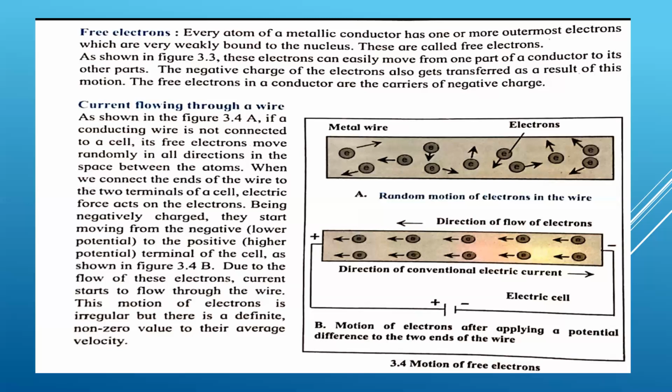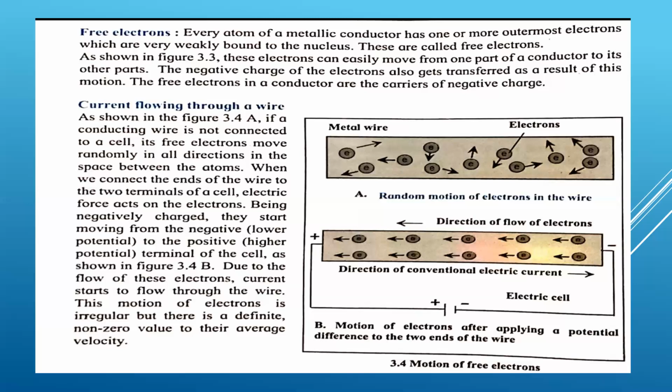Now children, the second topic is about current flowing through a wire. You take a copper wire or any metallic wire, aluminium wire. Children, the electrons which are present in that wire are free to move in any direction.